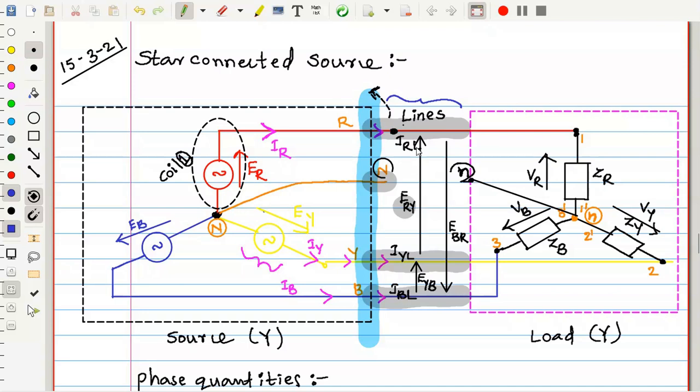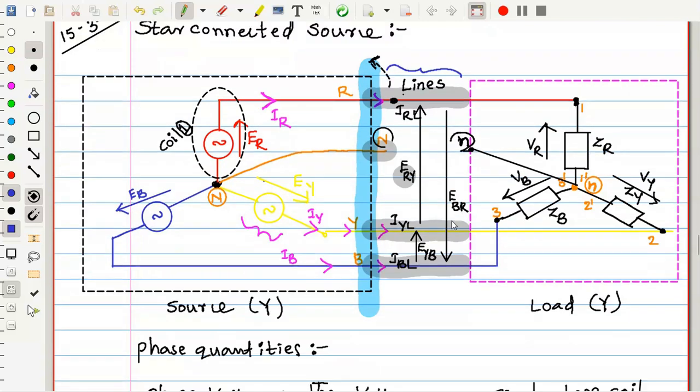And line voltages are between any two lines: R phase to Y phase line, Y phase to B phase line, and B phase to R phase line, which we represented as ERY, EYB, EBR. The neutral terminal we will not call a line; it is a common line, so we are not referring to it as a line to line voltage.